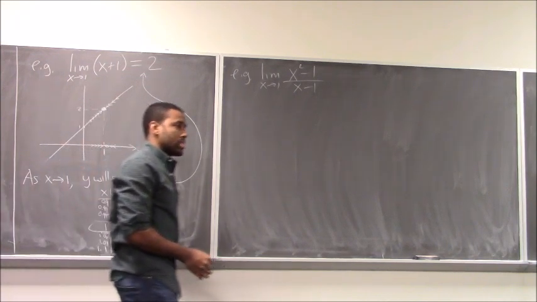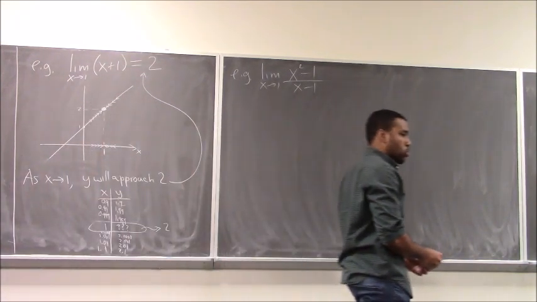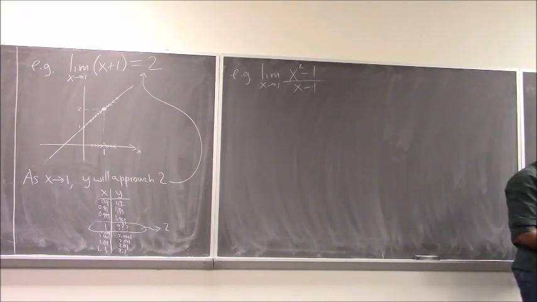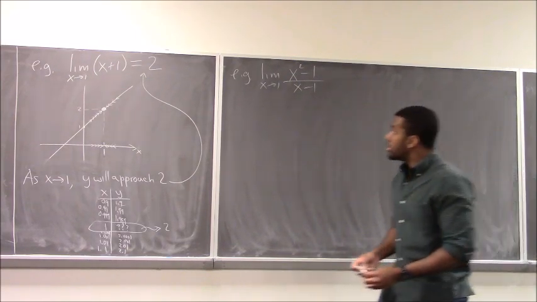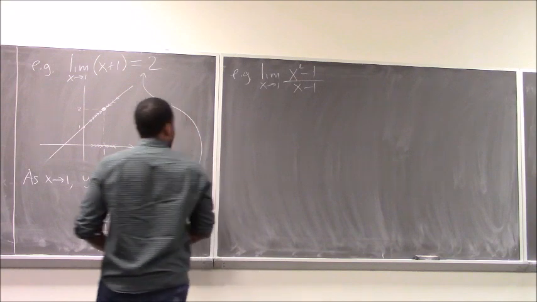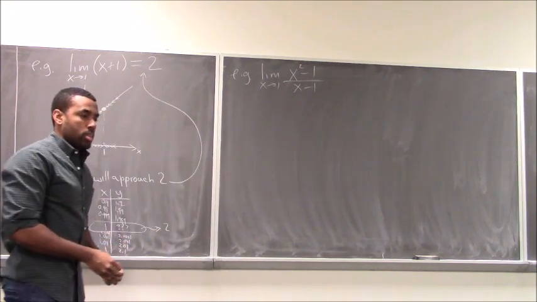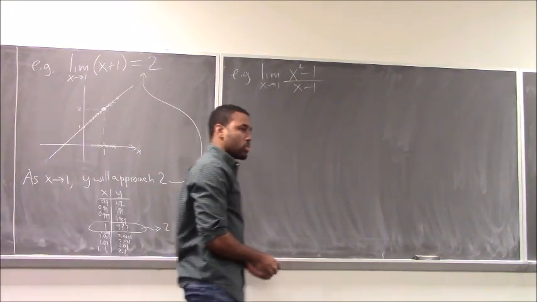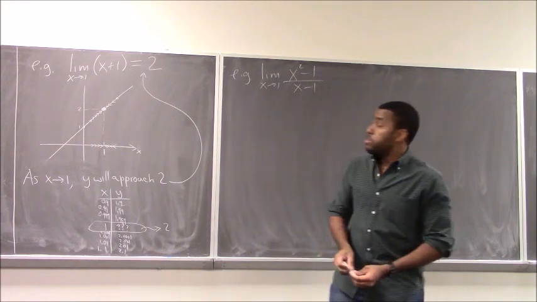Now here you'll notice that I actually cannot plug in x equals 1, right? Because I would divide by 0, it's not defined. But the thing is, I don't really care about being at 1. That's not what a limit is concerned with, right? So the function at 1 doesn't make any sense.